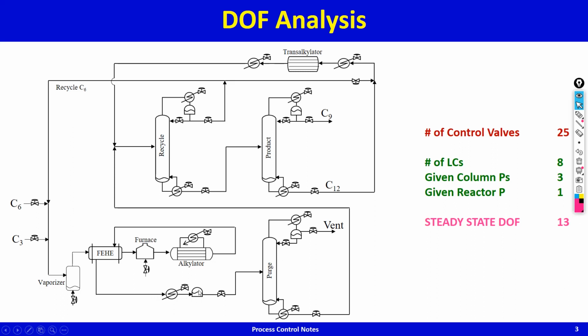So the pressure in the alkylator is going to be the pressure in the flash drum plus the pressure drop across this cooler, which is going to be negligible. So the pressure here and here are going to be the same. So fixing the flash drum pressure is equivalent to fixing the alkylator pressure, and that pressure gets fixed by adjusting the cooling duty of the cooler. Okay.